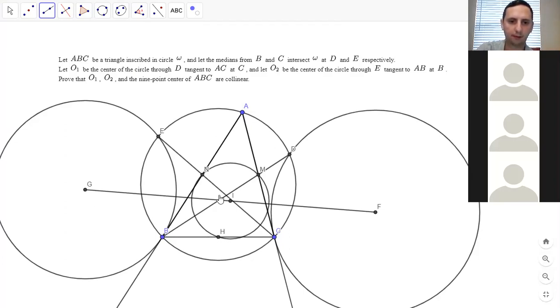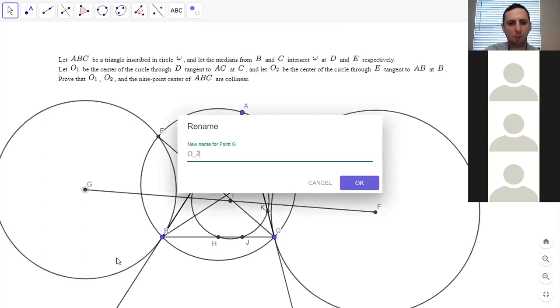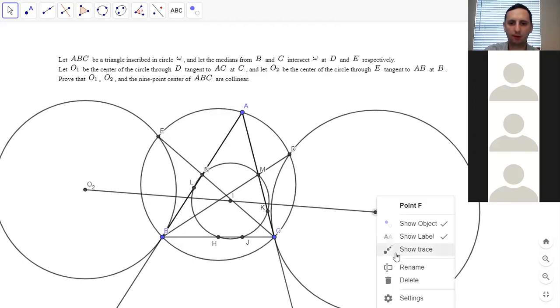So yeah, obviously these are all the altitudes, those other points. That's O2, this is O1.